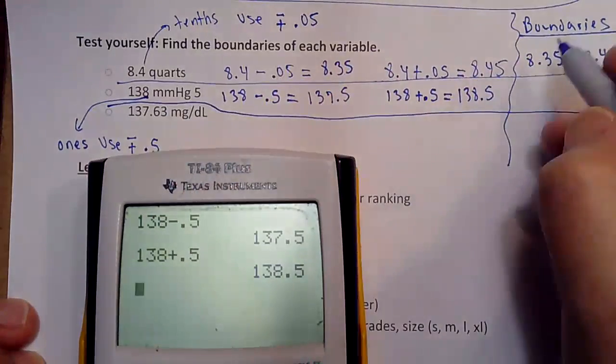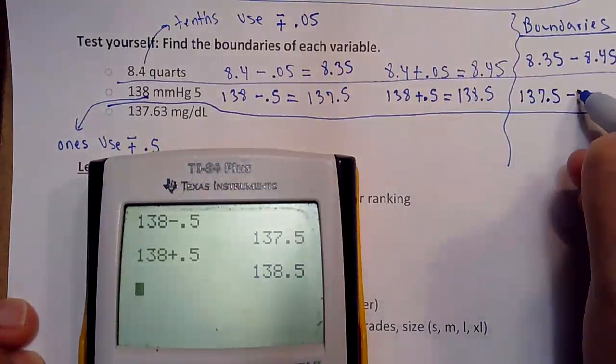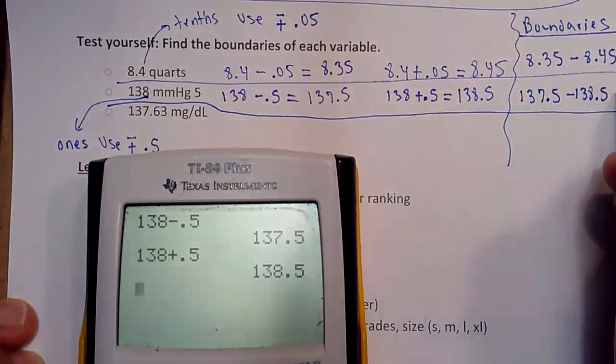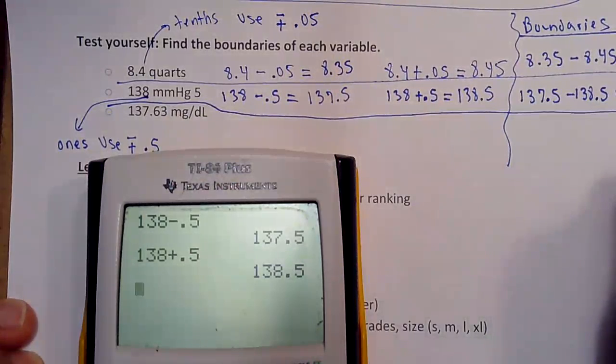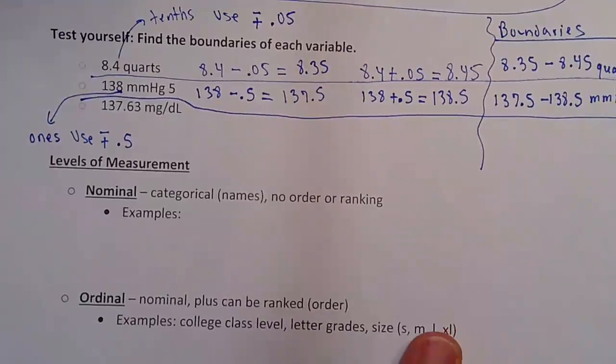When I write that up, I'll write the smaller one first, 137.5 to 138.5, and then record these units here. I'll go ahead and put the 5. I'm just not sure if it goes there or not, but I'll record it there.